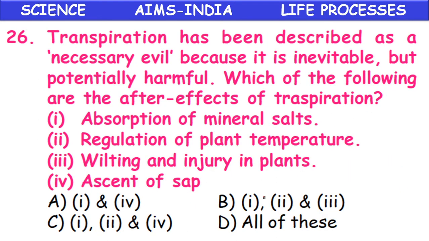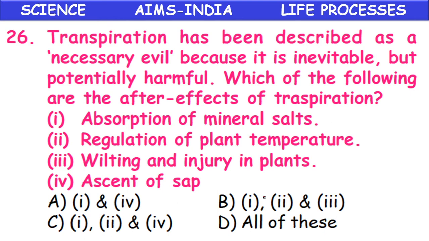Transpiration has been described as a necessary evil because it is inevitable but potentially harmful. Which of the following are the after effects of transpiration? Number 1, absorption of mineral salts. Number 2, regulation of plant temperature. Number 3, wilting and injury in plants.